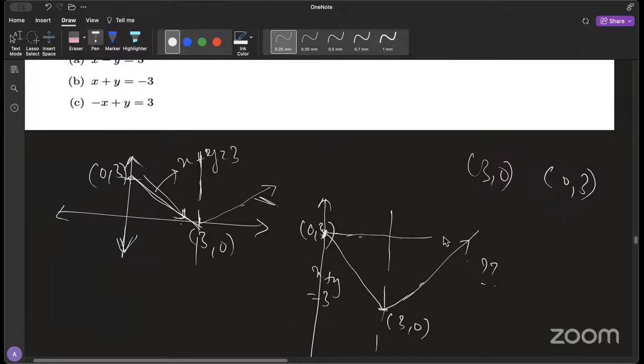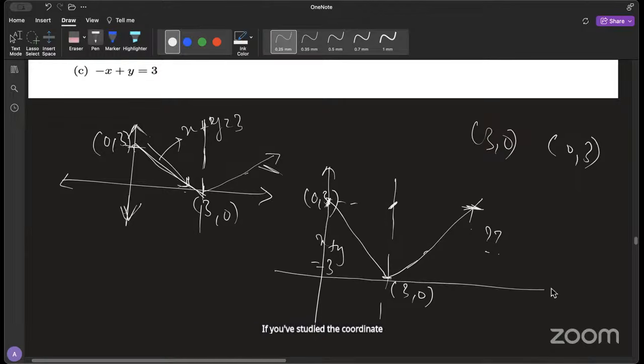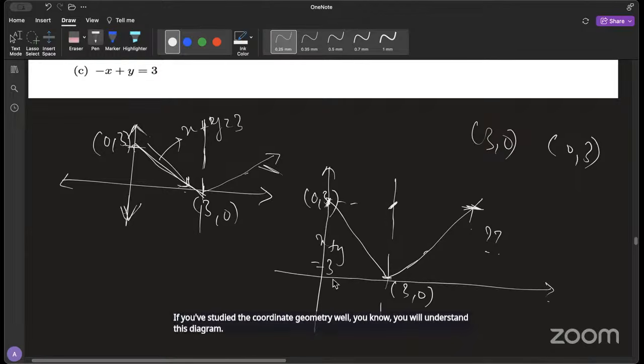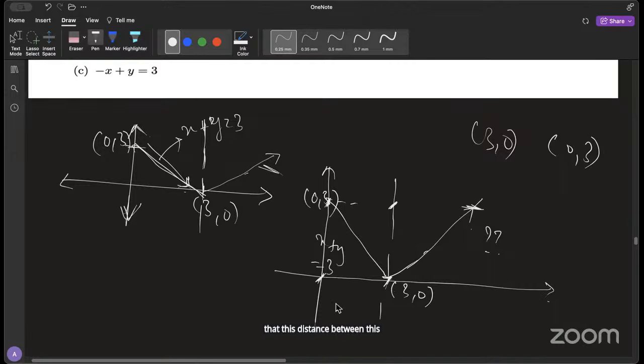then these two are on the straight line, right? I can find a point here on this line. This is (0, 3), and this is at a distance 3. If you have studied coordinate geometry well, you will understand this diagram: the horizontal distance between this point and this point is 3.